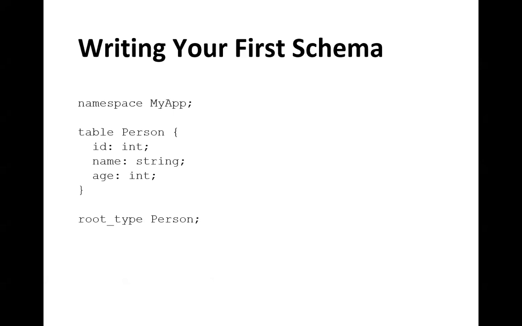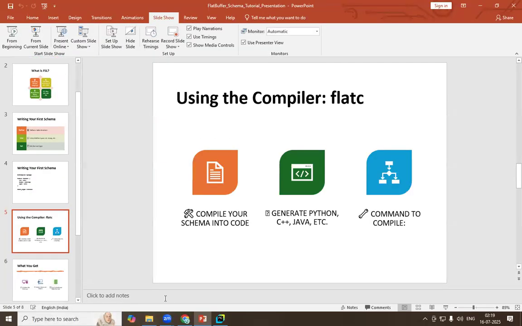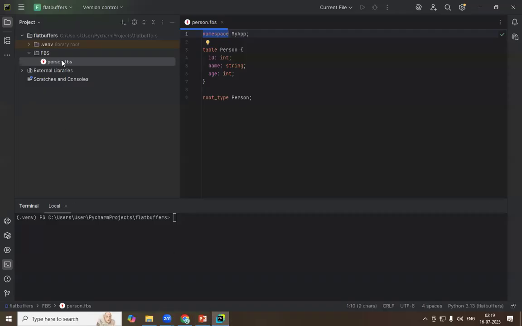For generating the Python code, we just have to open the particular Python IDE, let's say PyCharm. I'm using PyCharm. I've kept this person FBS file in an FBS folder. For doing that, I will just go to that particular folder first.